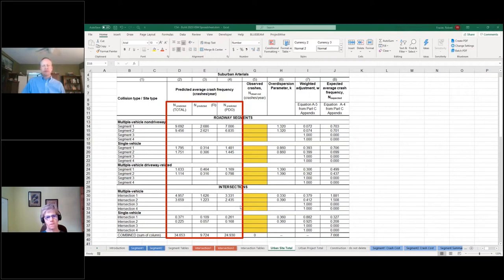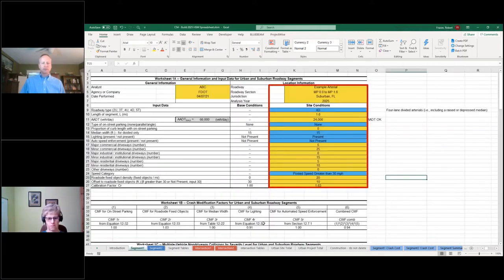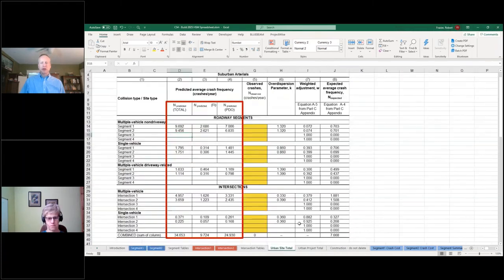Maybe later I'll show the AASHTO one, which has more functionality. The initial work was built by Karen Dixon, and they've been trying to keep upgrading it.